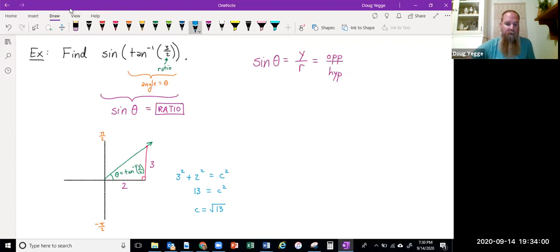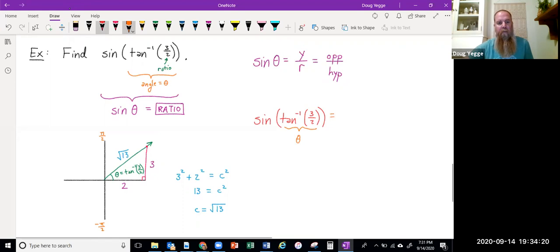So now I come back up here and realize that if this is the square root of 13, and I'm trying to find sine of the angle referred to as tangent inverse of 3 over 2, then all I'm really doing is recognizing that tangent inverse of 3 over 2 is my angle, and therefore by looking at the angle, my answer becomes opposite over hypotenuse. Or to rationalize the denominator, 3 root 13 over 13.